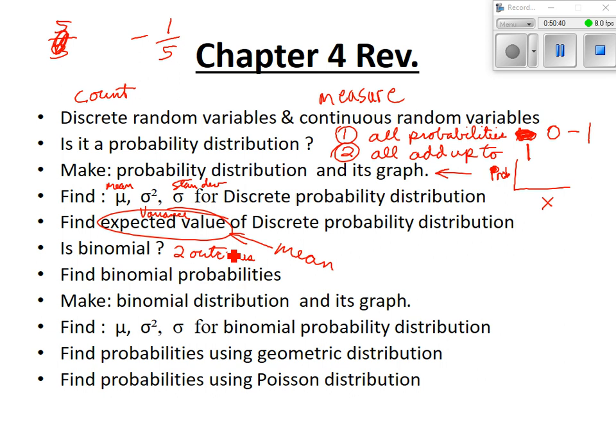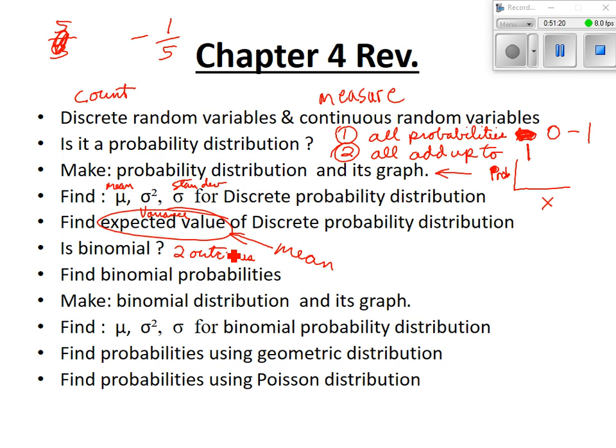So you just have X and P of X, something like 1, 2. I probably wouldn't ask you to make the distribution on a whole lot of stuff because there are only 2. You might like it if I did, because they'd be pretty short, right?